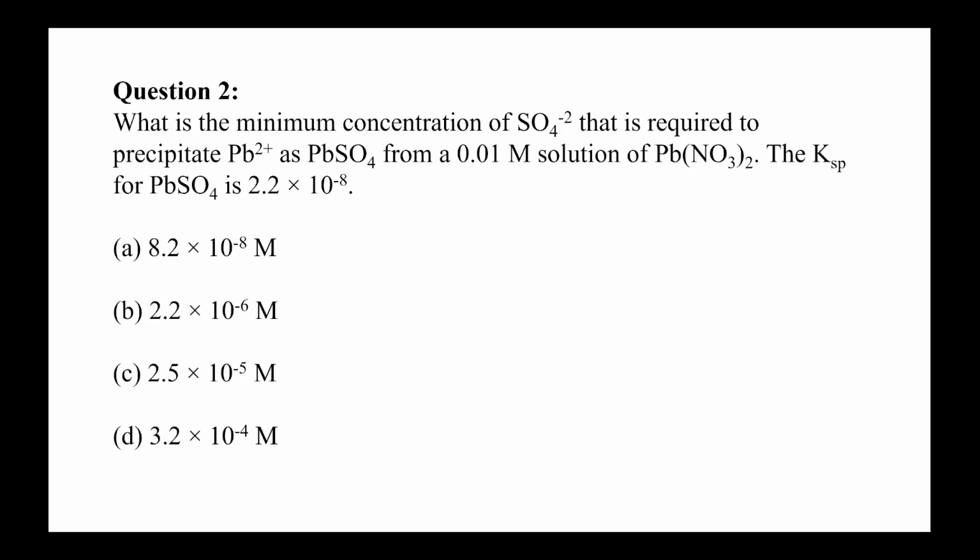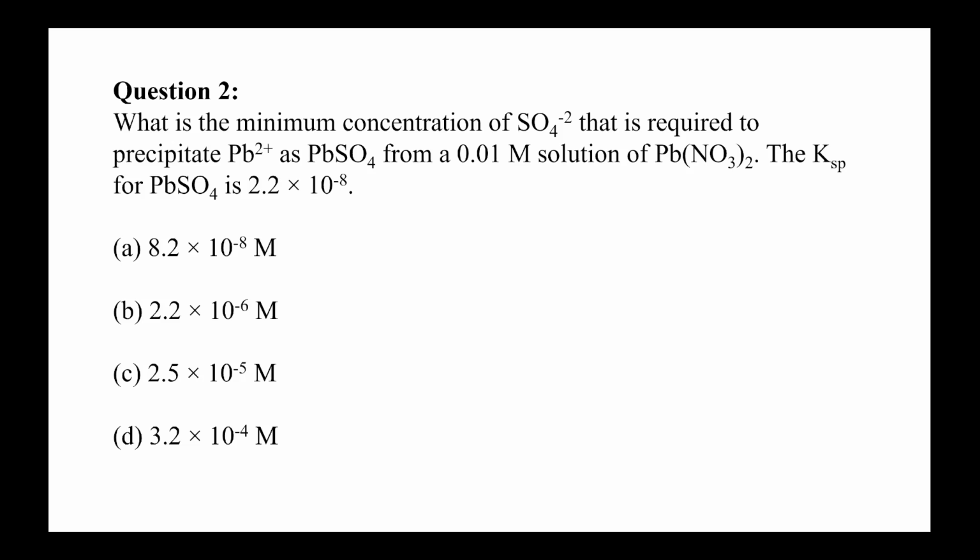If there is a solution of NaCl, to take the basic example, in the solution there will be Na plus ions and Cl minus ions. Similarly, in case of Pb(NO3)2, we will have the ions of Pb2 plus and NO3 minus.